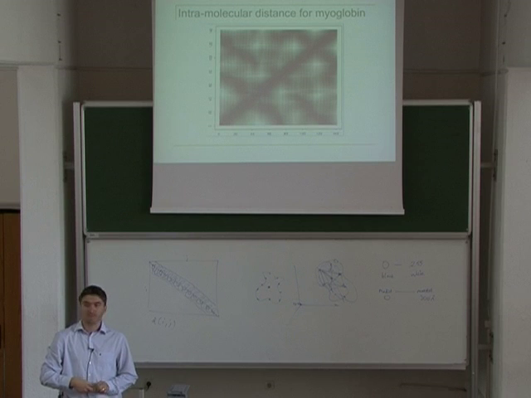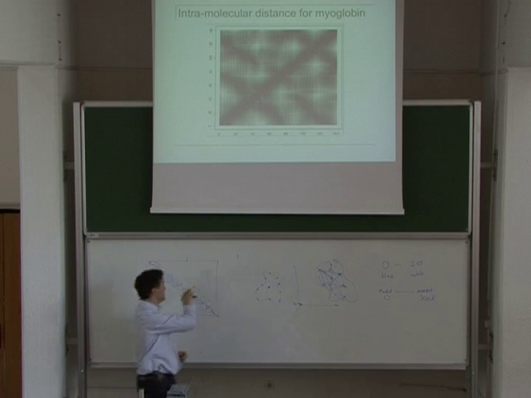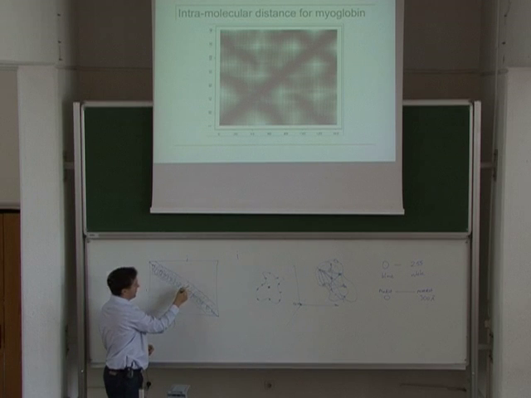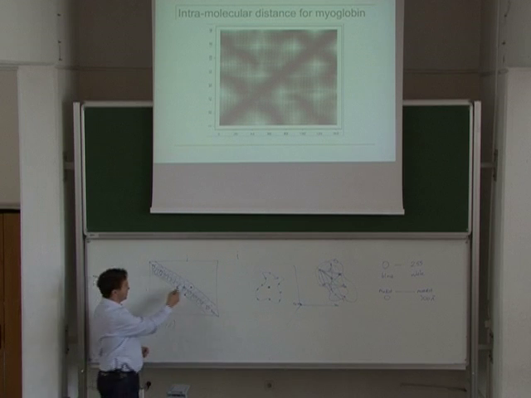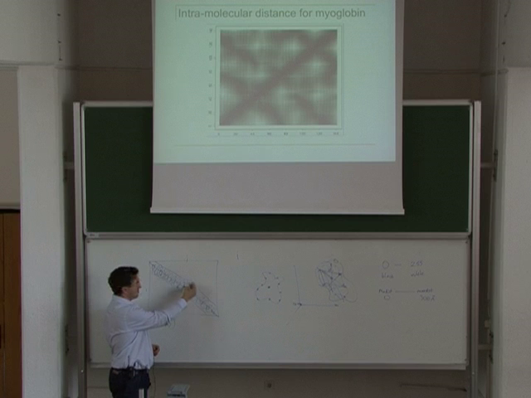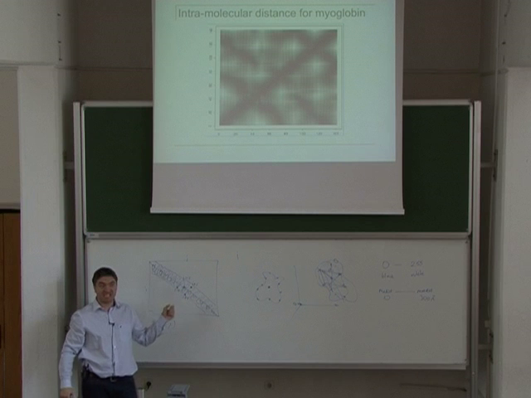Just think about this. Amino acid I. For example, this is the exact diagonal, and these are diagonal neighbors. If this is amino acid I, what is this amino acid? This is I plus 1, and this is I minus 1. It's the index in the sequence.